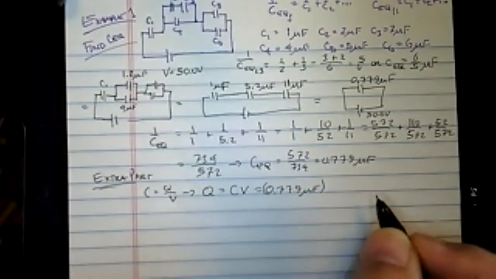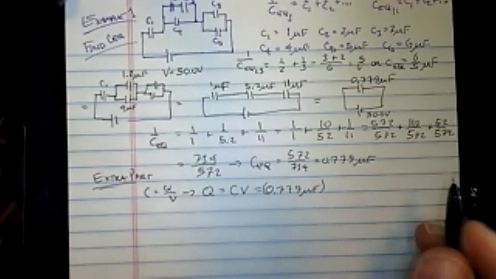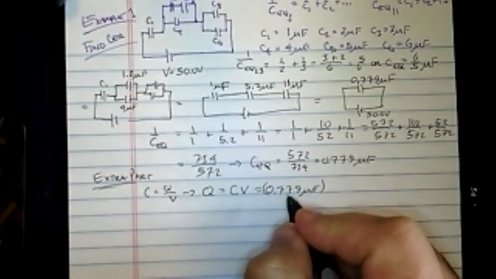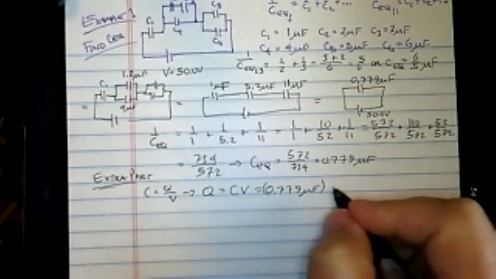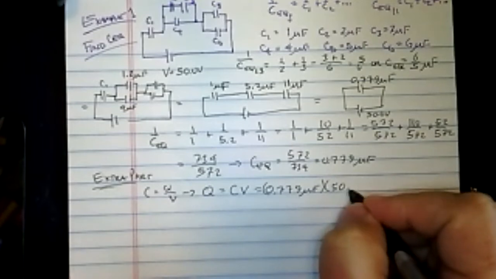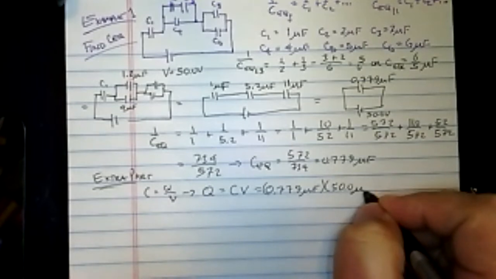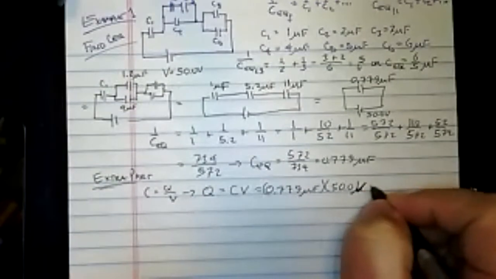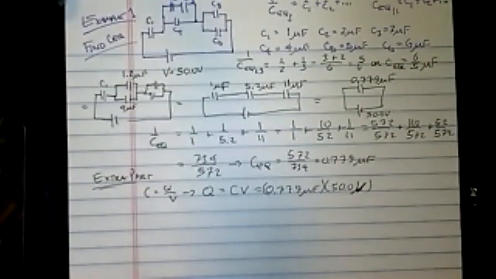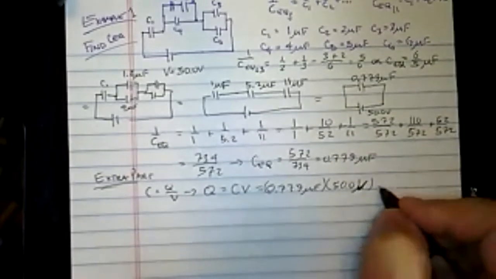Notice how I'm keeping the microfarad there. That'll tell you something in a second. 0.779 microfarads times 50 volts, well, volts, not microvolts. When I multiply these two, I get 38.96.